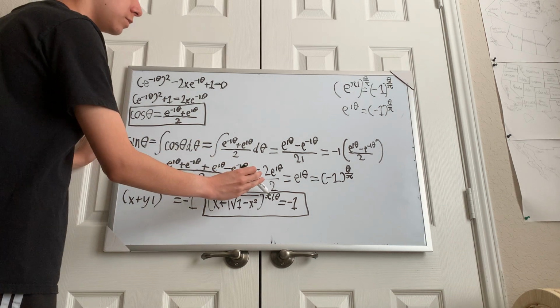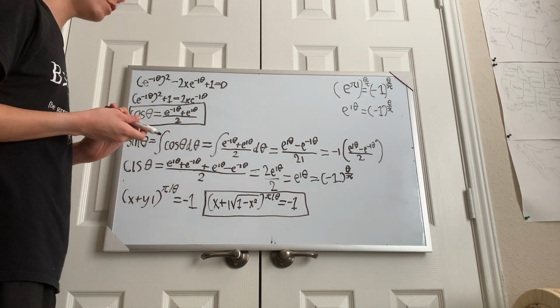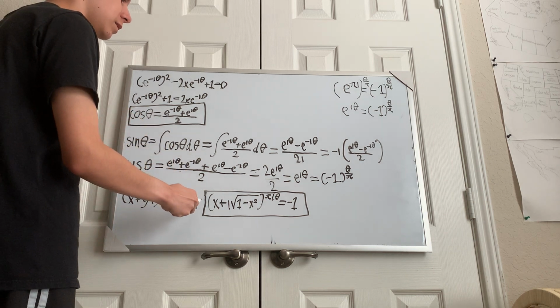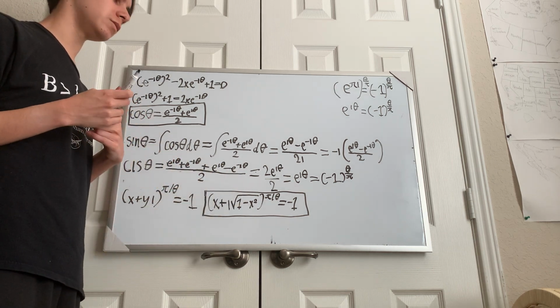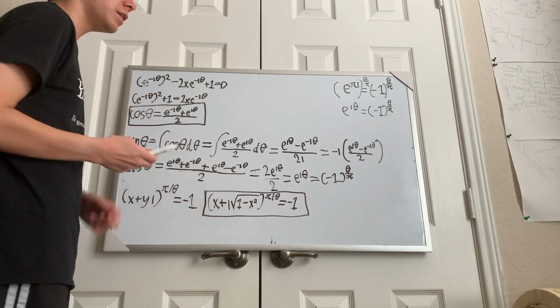So if this was, let's say, pi over 3, then we could use a binomial series to expand this into an infinite series and set that equal to -1.